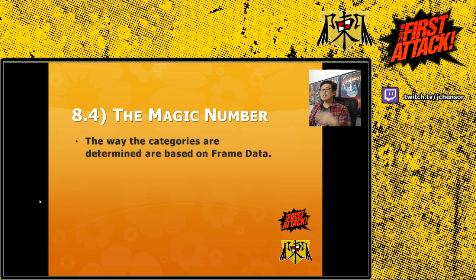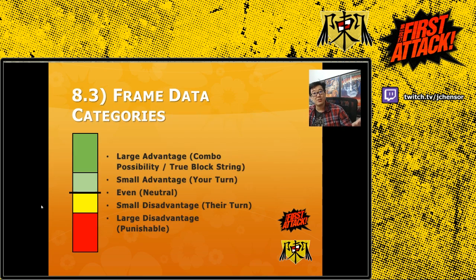But what is the magic number? The magic number is how you determine the categories of your frame data. So again, you have to know this magic number so that when you look at a move in frame data, you can automatically categorize every move into one of these 5 spots over here.